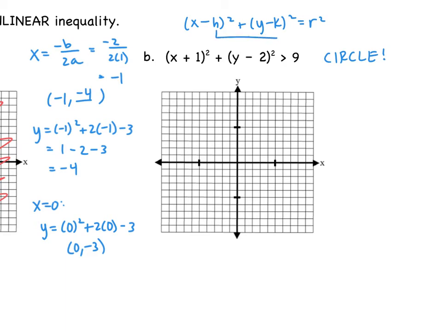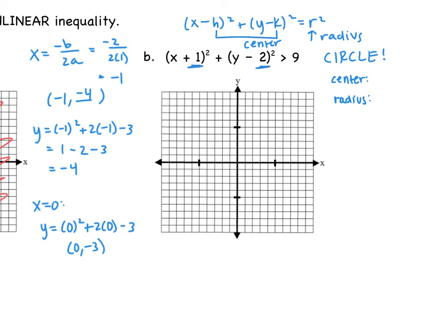So this h and k is the center of the circle, and r squared is the radius squared. So for our equation, we are given the center of the circle and a radius of the circle. Okay, the center is these two numbers right here.